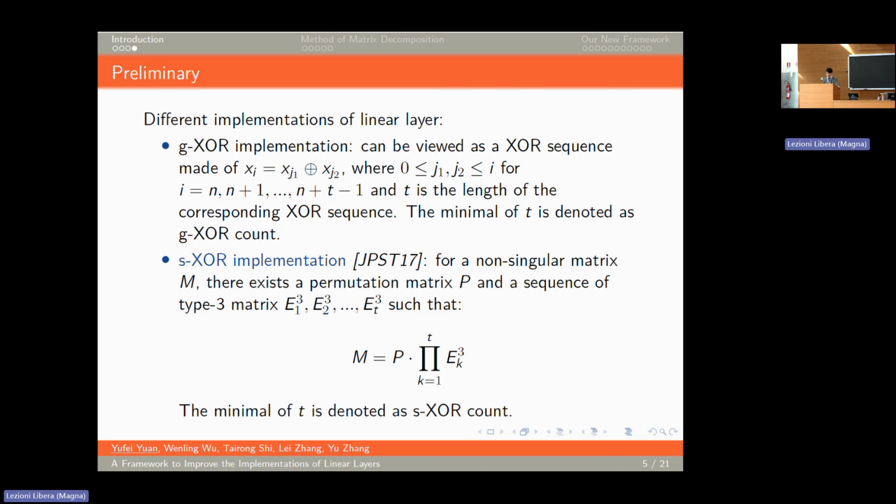In contrast, the SXOR implementation can be written as the product of a permutation matrix P and a sequence of type 3 matrices. Here, the type 3 matrices can be achieved by the in-place XOR, so there's no need for the actual registers.